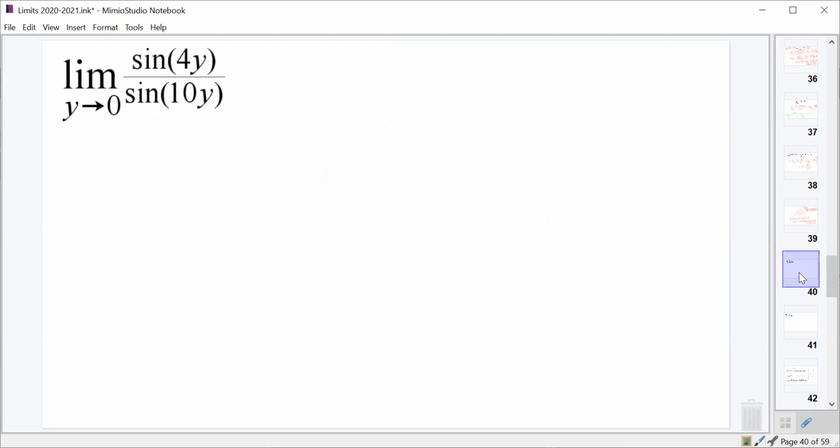Any ideas for this one? No ideas there? We're not allowed to take out the sine, are we?